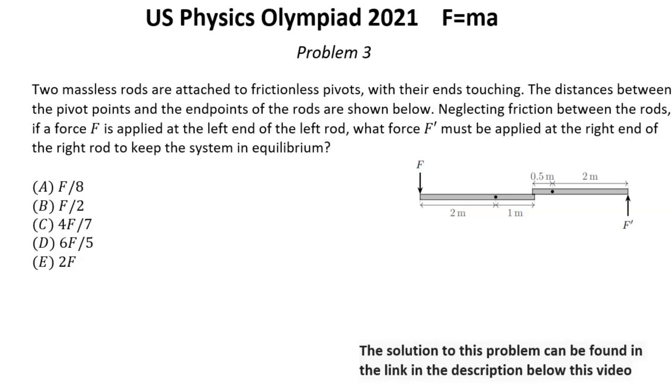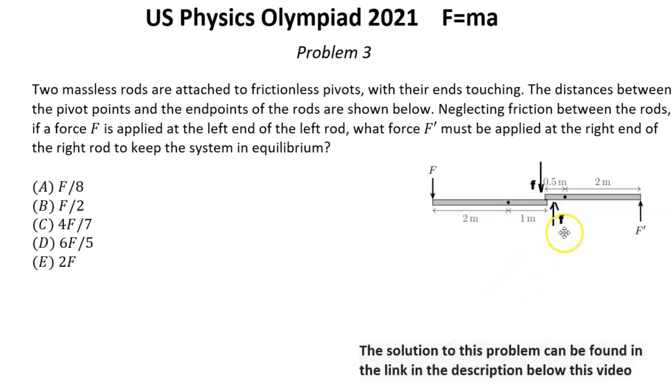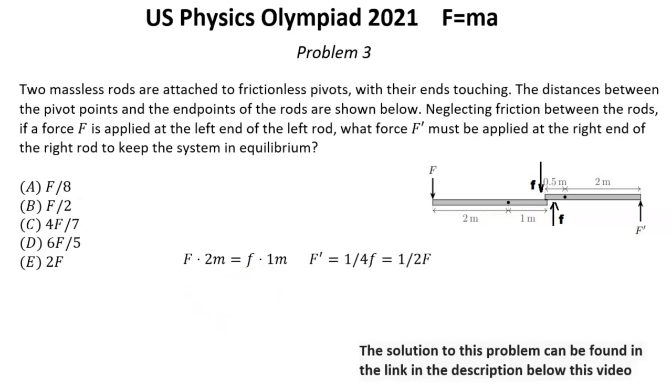Let's show the normal force between the two rods. That's a small f acting on the right end of the left rod and on the left end of the right rod. For the left rod, we have equilibrium: big F multiplied by 2 meters equals small f multiplied by 1 meter.